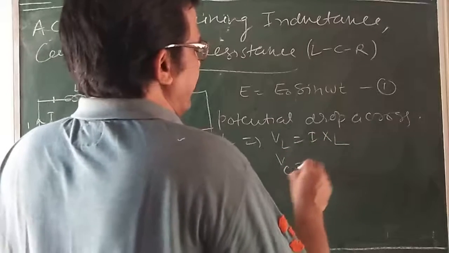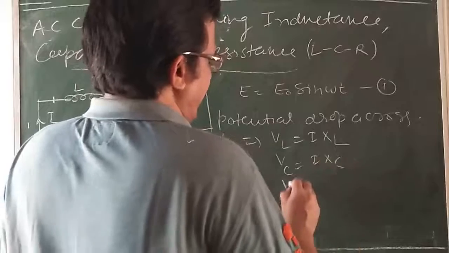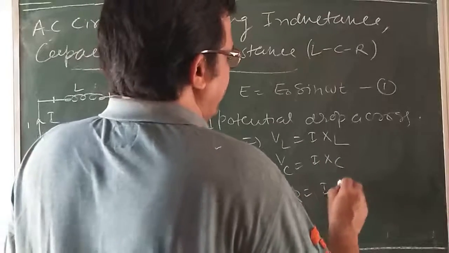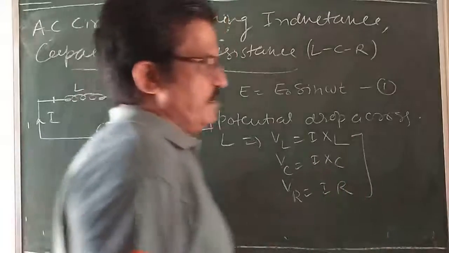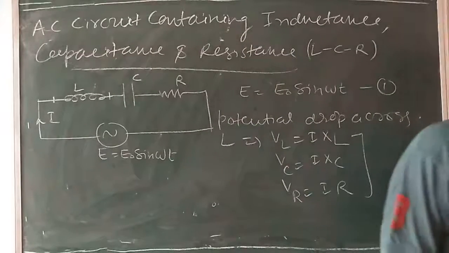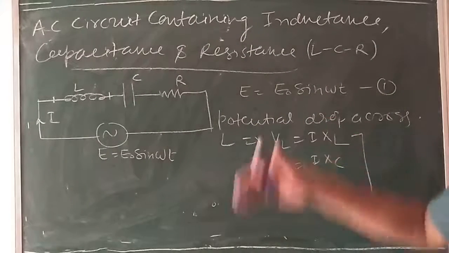Similarly across capacitance it is I into XC, and across R, VR is I into R. So these are the potential differences across L, C and R respectively. So write down this.